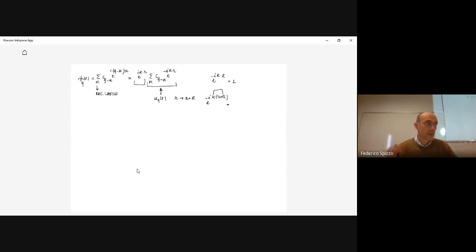And this is the definition of the reciprocal lattice. So at this point, this is just equal to e to the minus i K times R, so the initial phase. So this means that the second part of this summation actually has the same periodicity that is required to be the modulation of the phase obtained by the Bloch theorem.